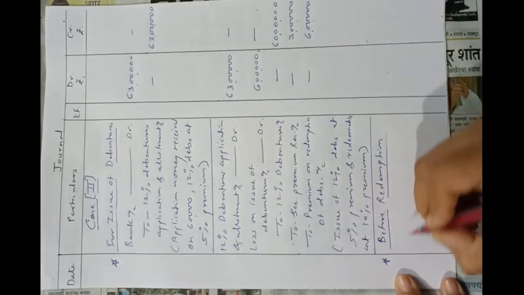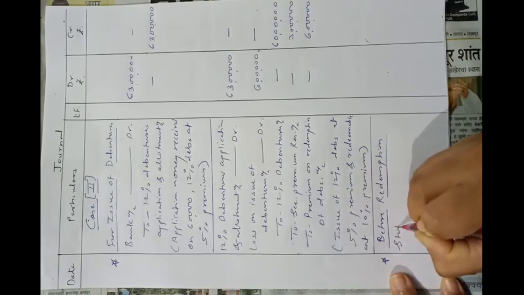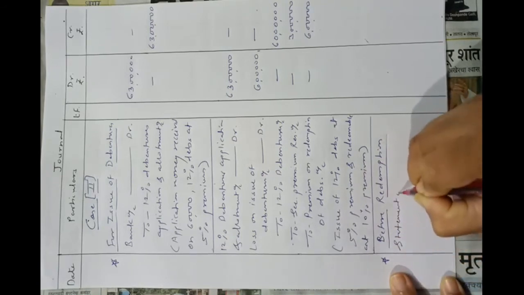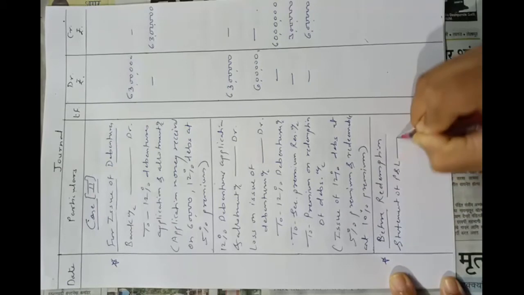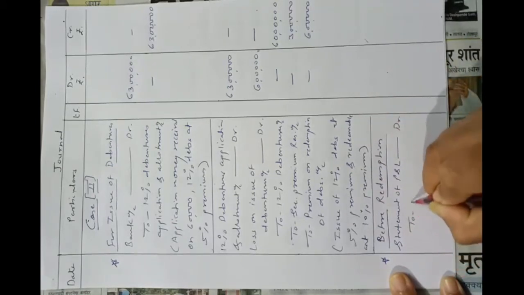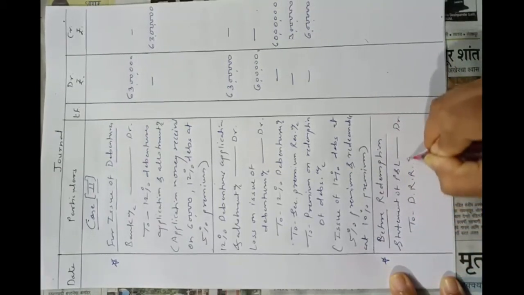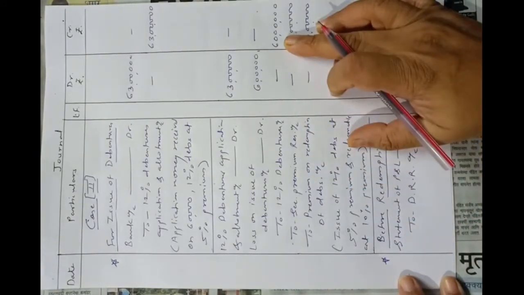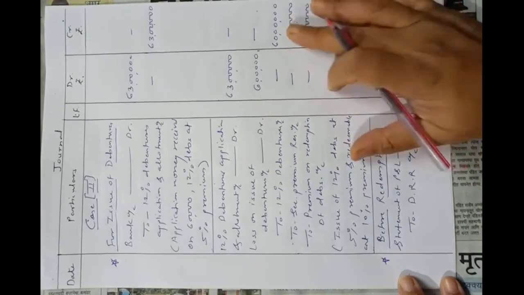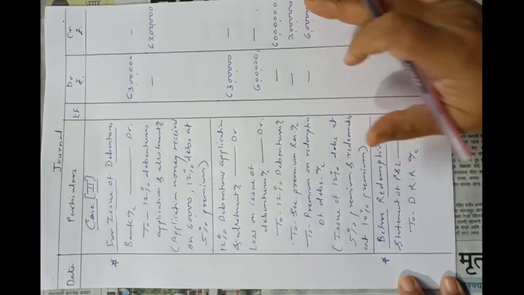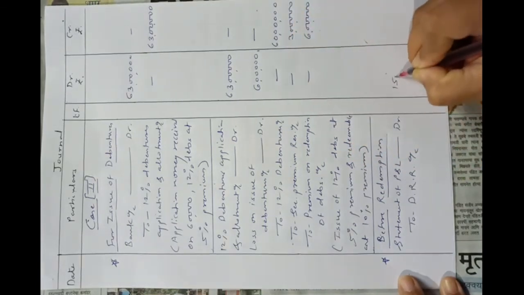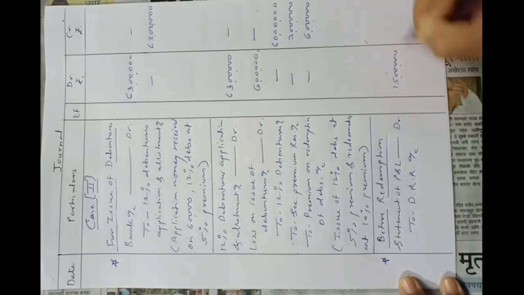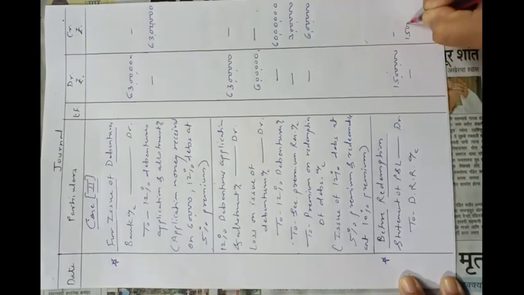So statement of profit and loss, debit to DRR account. Face value original amount is 60 lakhs. 60 lakhs into 25%, which will be 15 lakhs. So DRR will be created of 15 lakhs.